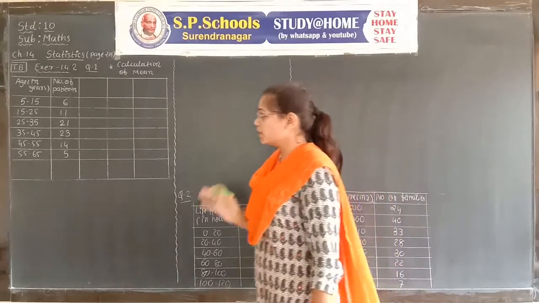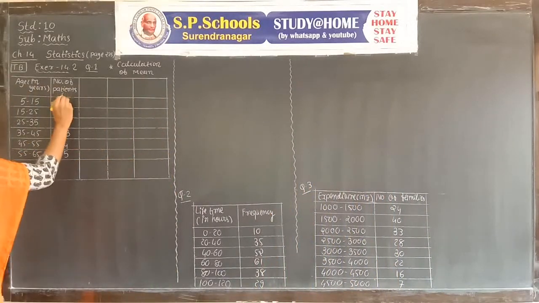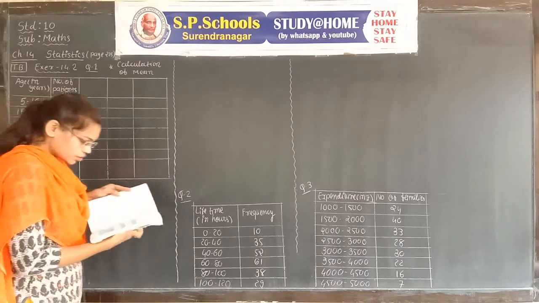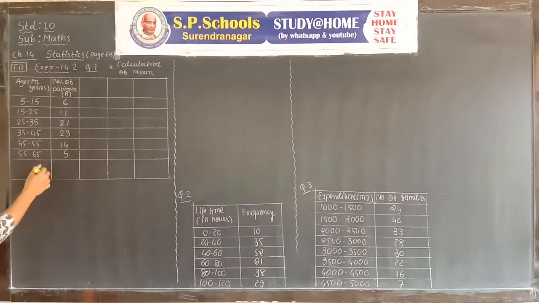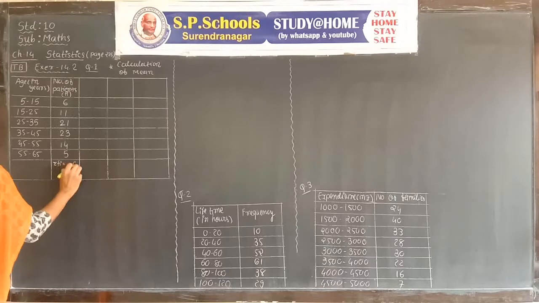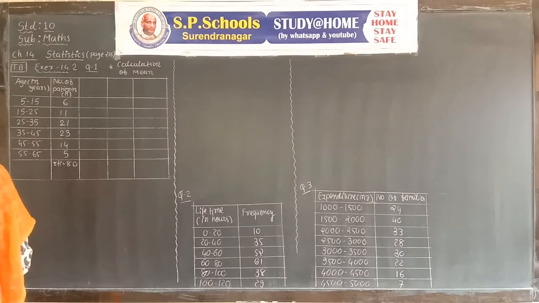The columns are age and number of patients. The second column, number of patients, is the frequency Fi. The total frequency is not given, so first of all we add the frequencies Fi and obtain sigma Fi, which is 80.